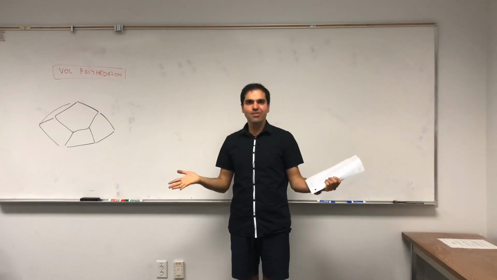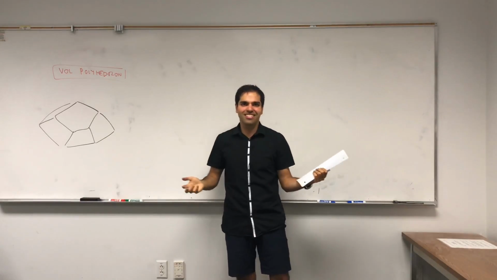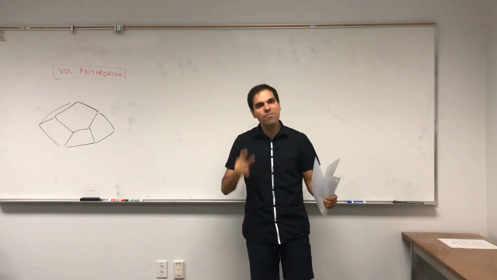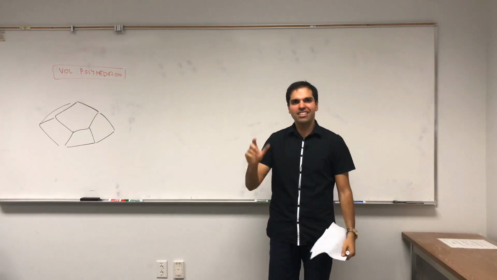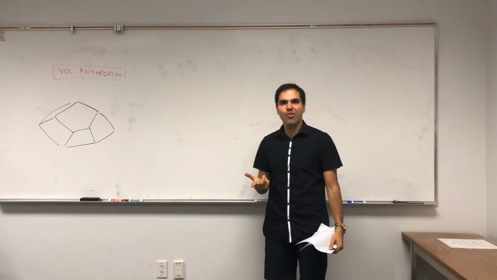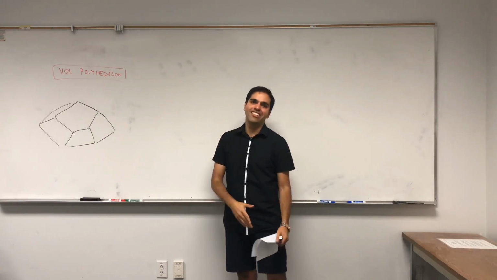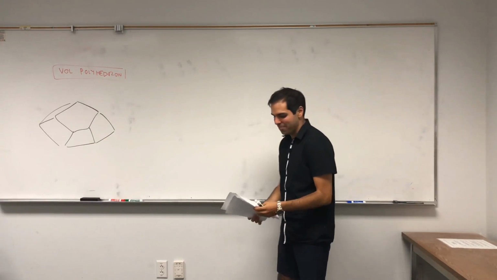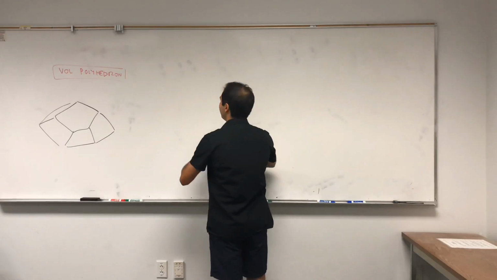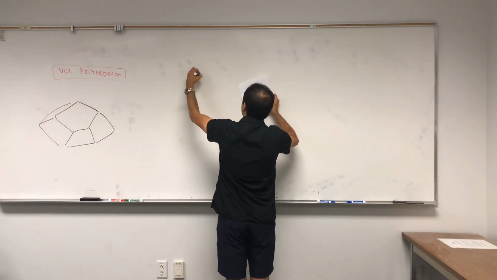In theory it's useful, but in applications it's not. And then I'll do more and more specific examples until I get a very concrete formula for a very specific polyhedron. So, part one, let's do it in full generality.